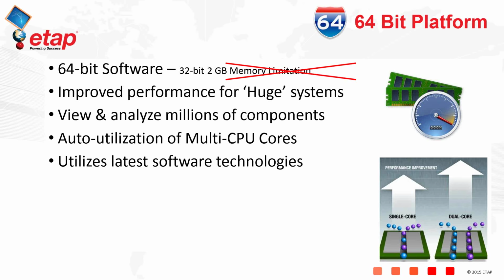This highly improves performance. We're also now able to support multiple core CPUs. So for those of you who have dual or multiple cores on your computer, you will be able to take advantage of that.